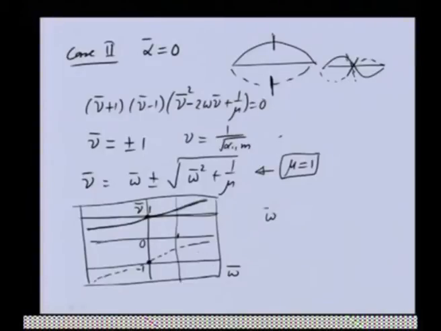So for omega positive, we get 4 intercepts. If we use the negative, again we will get 4 intercepts, but those intercepts will be symmetric. That means these intercepts will be the same as these ones, and these will be the same as this one.